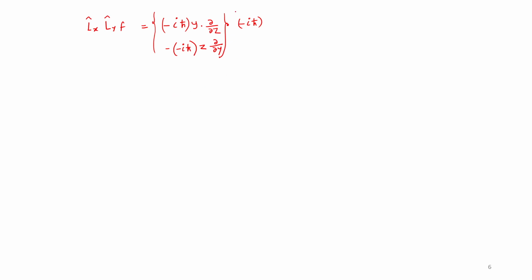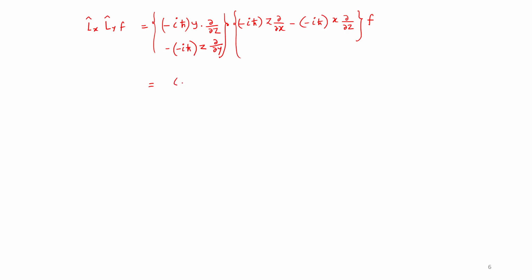Okay. Then it is starting the second for Ly. Ly is z ∂/∂x minus of iħ x ∂/∂z, and it is operating on it. First this will operate on this, and then it will operate on it, but take out the iħ.